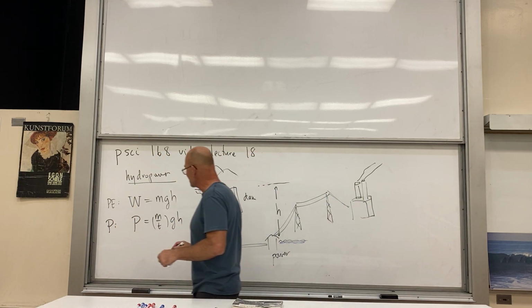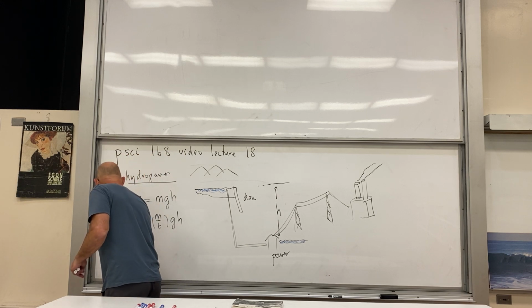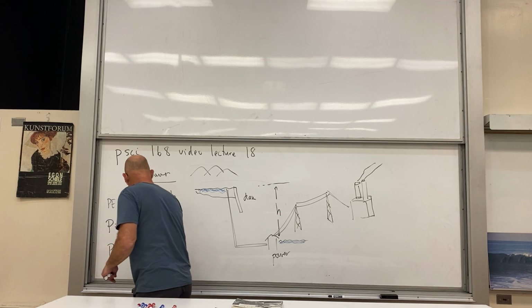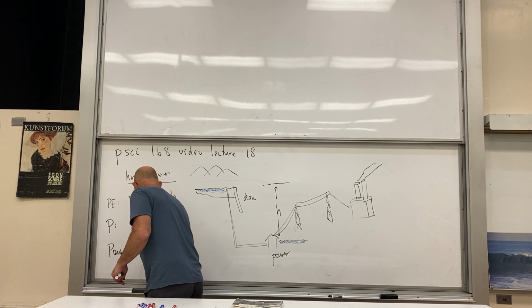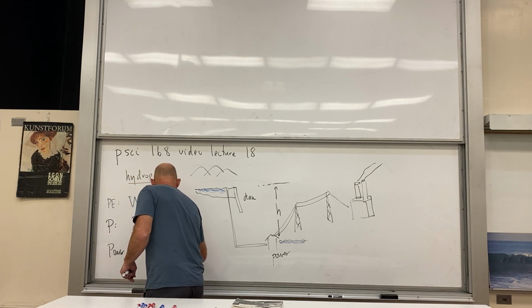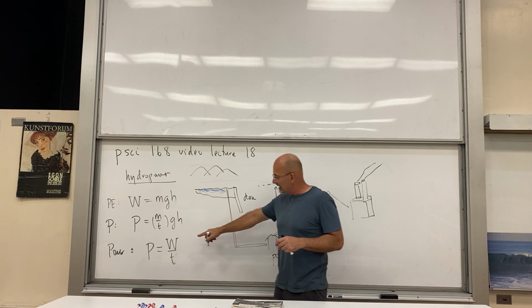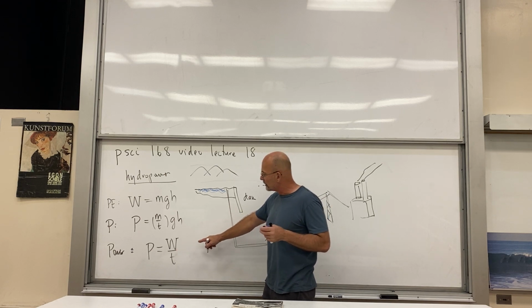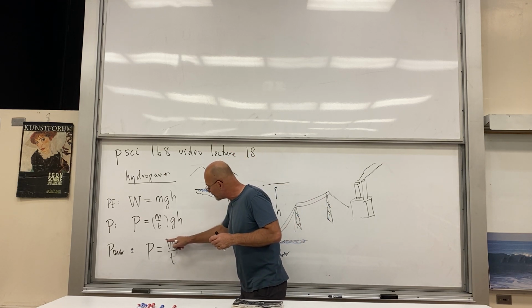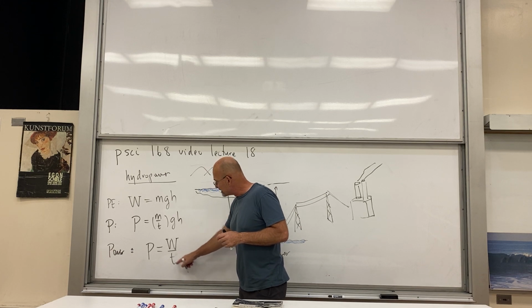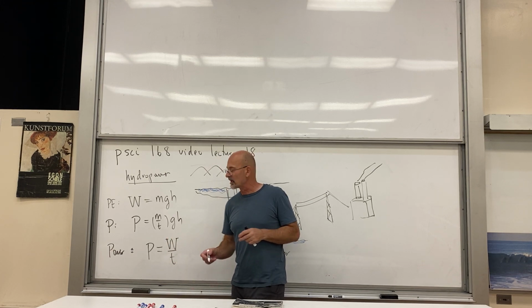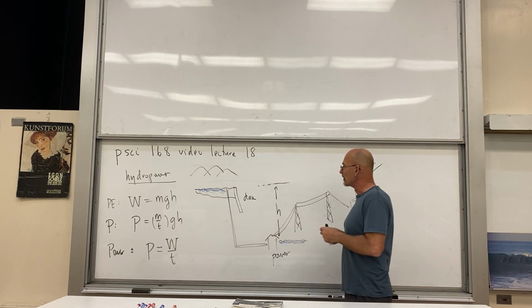And we have the fact that power, once again, P equals energy divided by time. Now this is the one we can invert and write down in three different ways. We can say work is power times time. We can say time is work divided by power. So we've used all three of those.